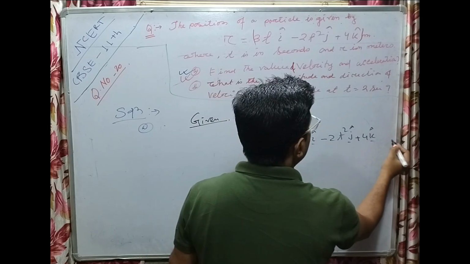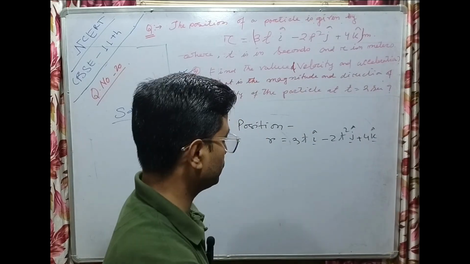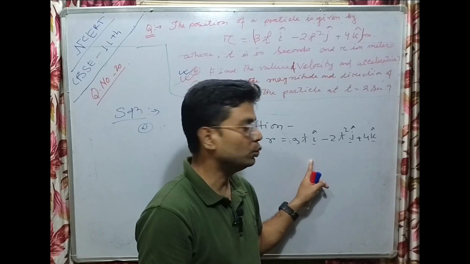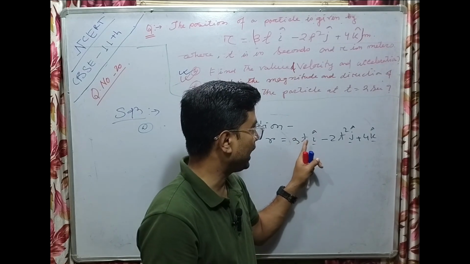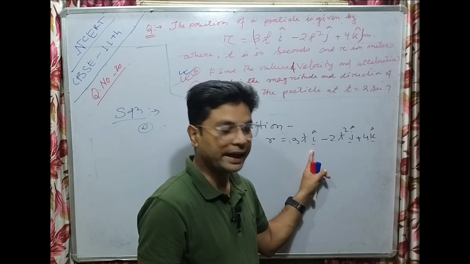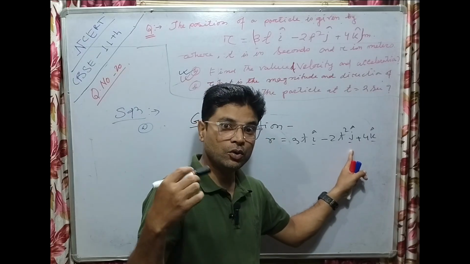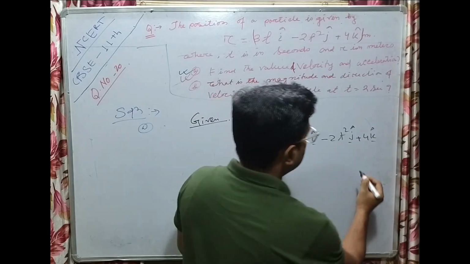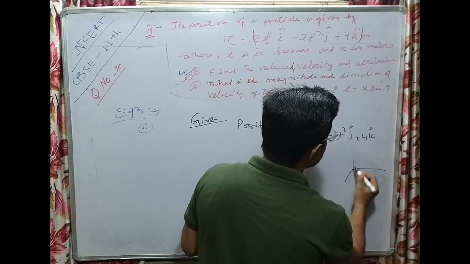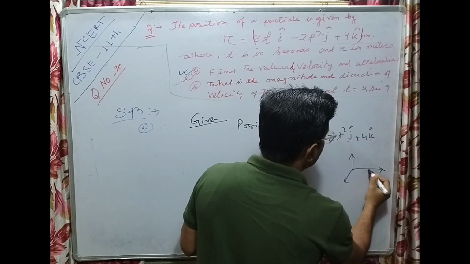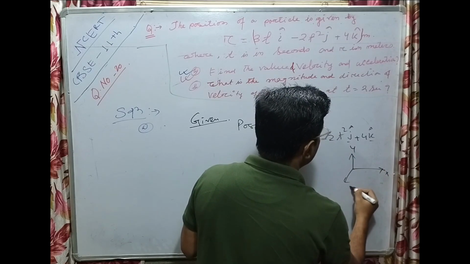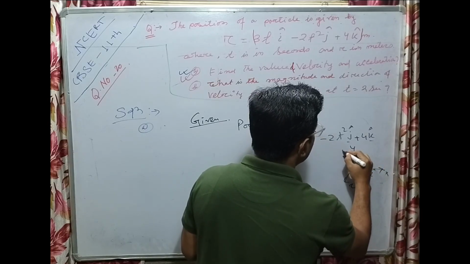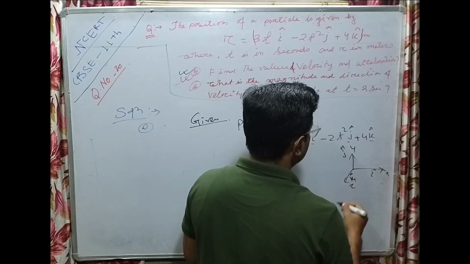I cap, j cap and k cap are all unit vectors in three-dimensional coordinate geometry. That is, i cap is along the x-axis, j cap is along the y-axis, and k cap is along the z-axis. That is this: x-axis, y-axis, z-axis, i cap, j cap, and k cap.